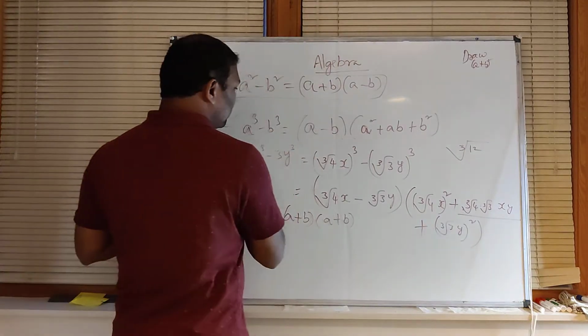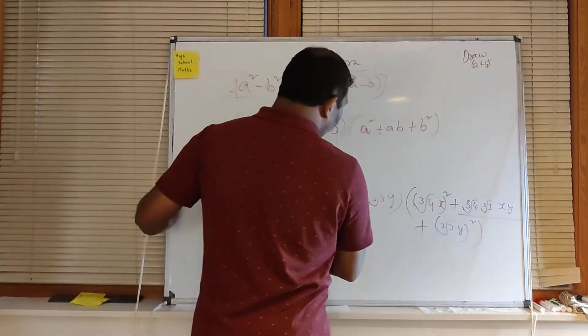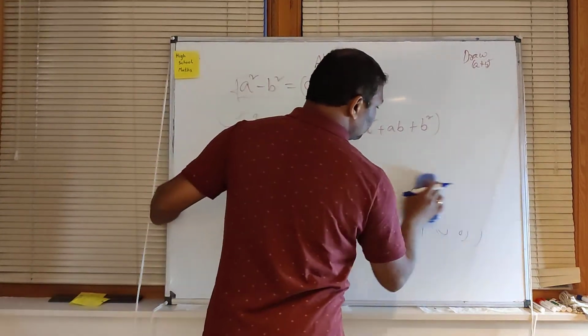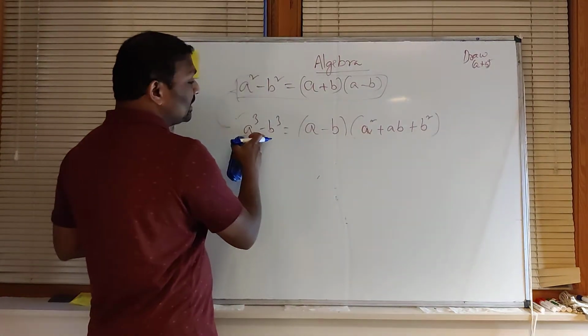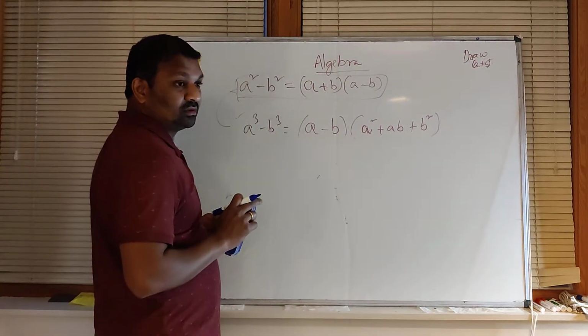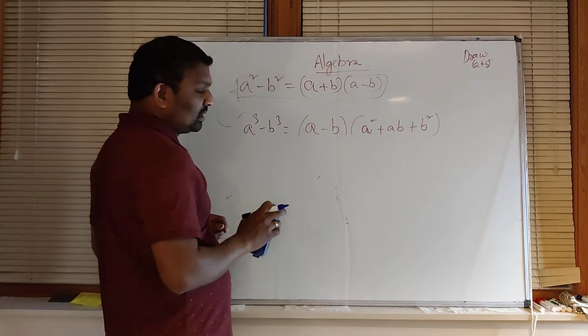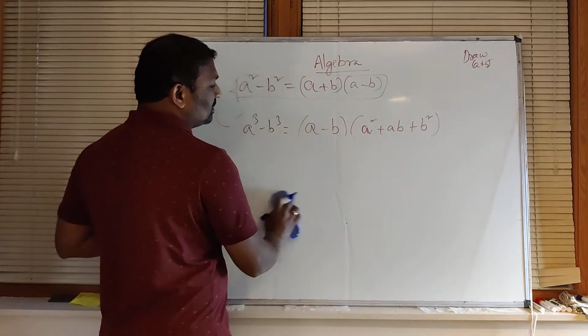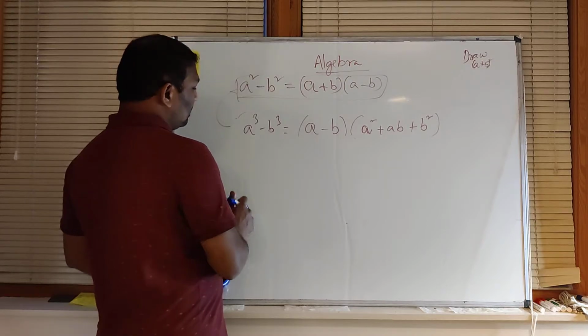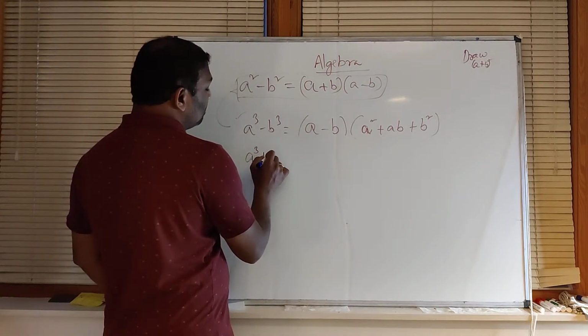But before that, I want to tell you one more formula. Okay, remember this is A cube minus B cube. This is not A minus B whole cube. There is also another formula, A cube plus B cube.